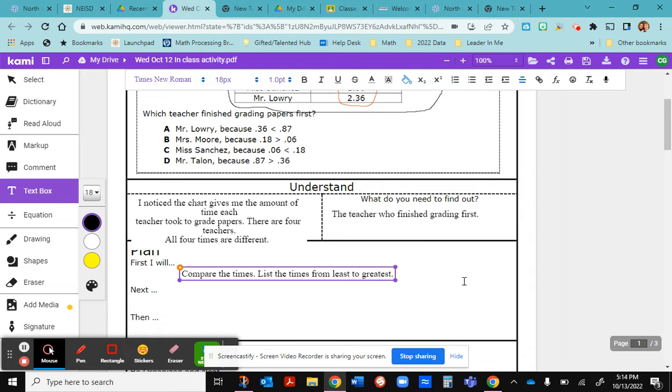Yeah, because when you have the greatest time in your mind, you're like, ooh, they took the longest, and write that down. So no matter which way your brain is thinking, know that there's not a wrong answer. It's just how you're sorting your information. Now let's go to the next one. Now you need to rate or rank your times.